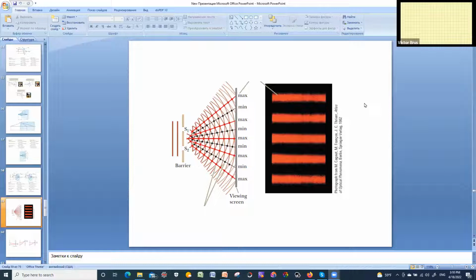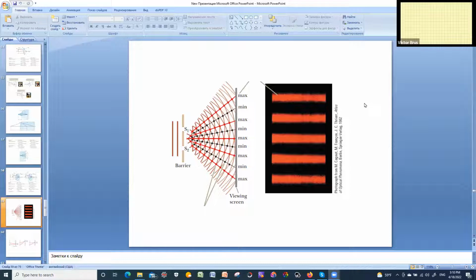Due to the electromagnetic wave nature of light, we can observe such an effect, which is characteristic of waves, as interference. So what is interference?